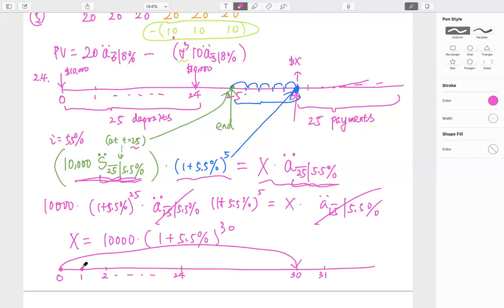The second deposit is used to finance the second withdrawal. And so on. The last is used to finance the last withdrawal. So if I put down $10,000 at time 0, how much it is worth at the end of 30 years is the deposit amount times the accumulation factor for 30 years.